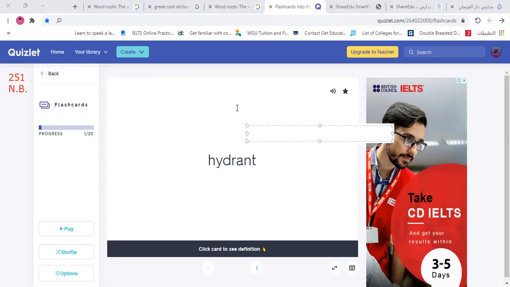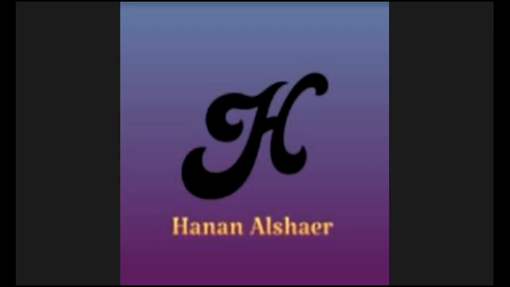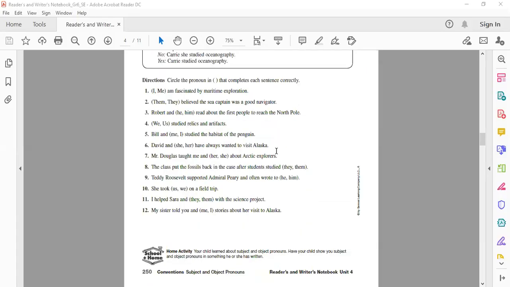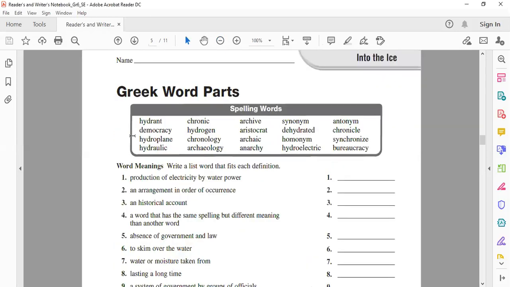طيب, let's go to page 251. When you open it, you will find these words: hydrant, democracy, hydroplane, hydraulic, chronic, hydrogen, chronology, archaeology, archive, aristocrat, archaic, anarchy, synonym, dehydrated, homonym, hydroelectric, antonym, chronicle, synchronize, and bureaucracy.